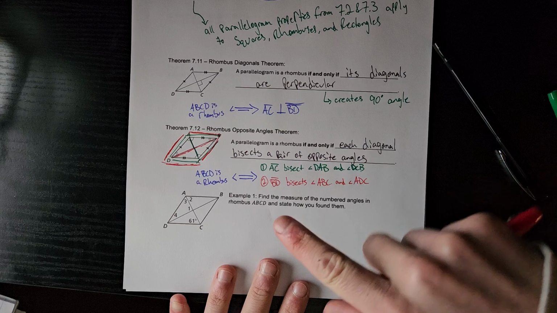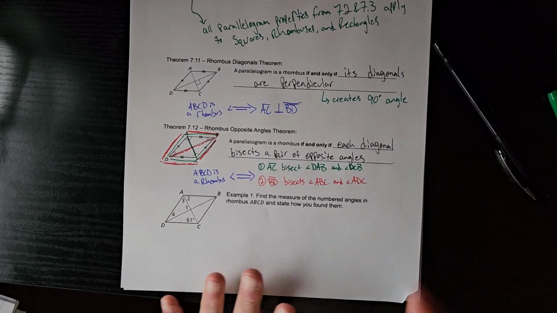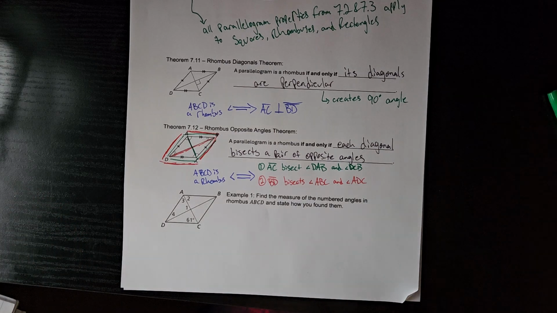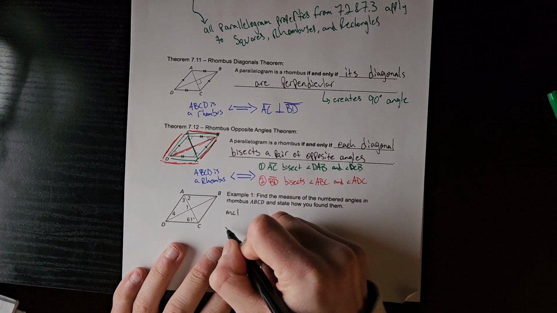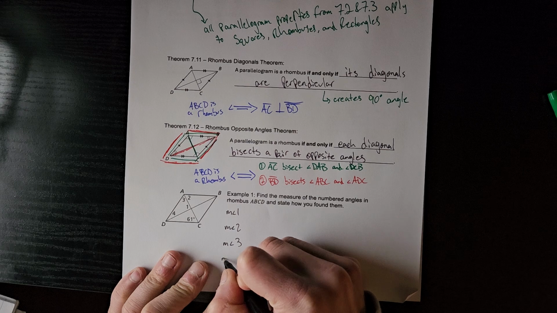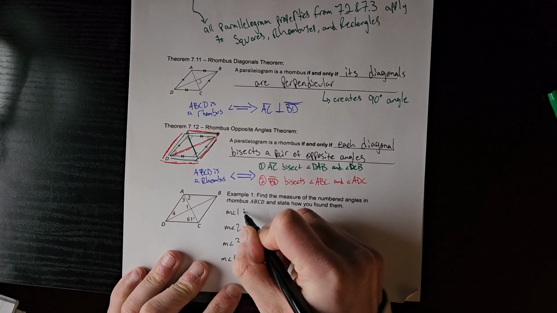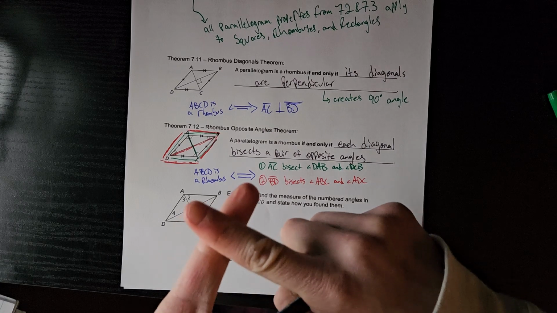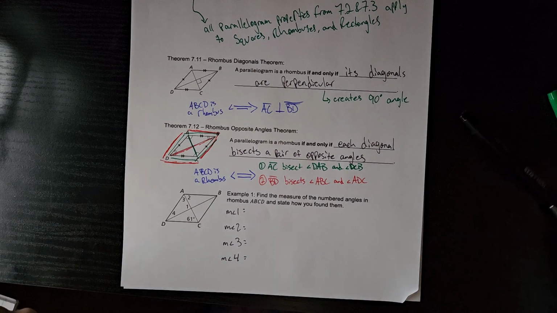Using these two statements, we can find the measure of the numbered angles in the rhombus given to us, and we can also state how we found them. So the numbered angles that we want are the measurements for angles 1, 2, 3, and 4. This is what we're trying to find. And I want to know how we found them with one of our theorems and the actual value of it.